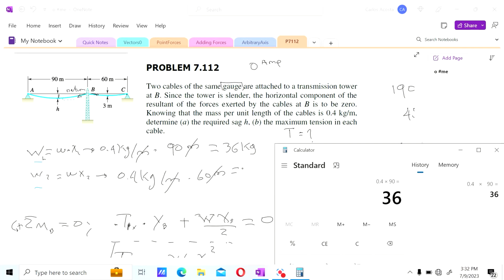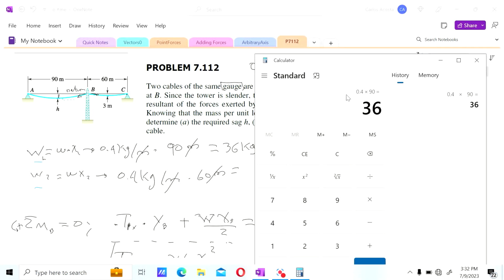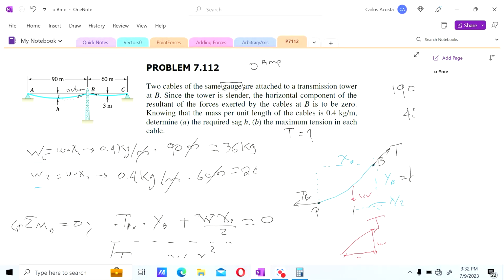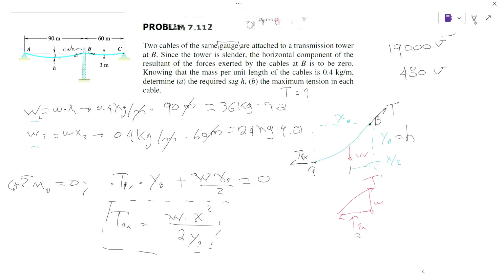And right here we have 60 times 0.4. This is 24 kilograms. So we actually need to multiply times gravity, 9.81. So let's do this over there.